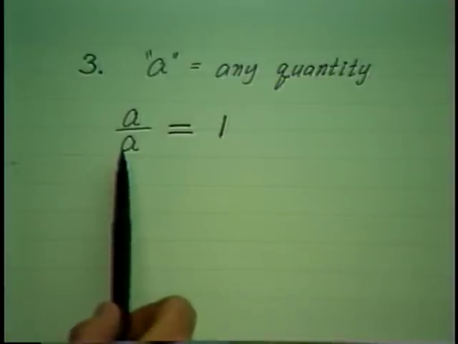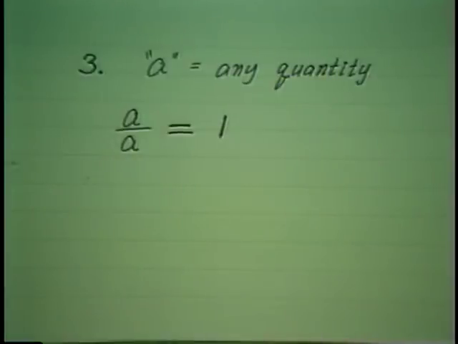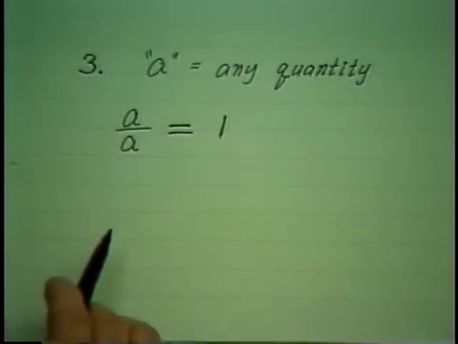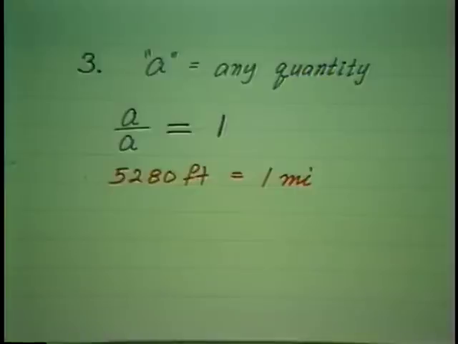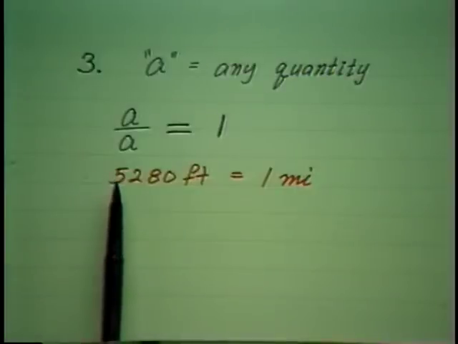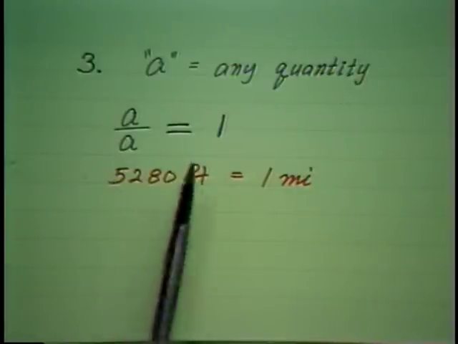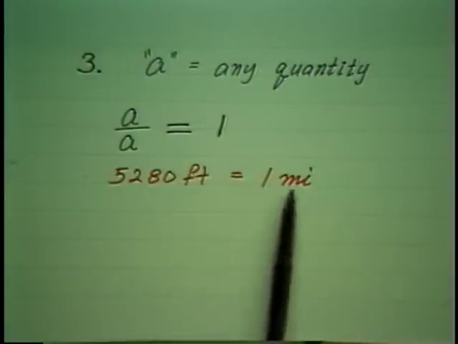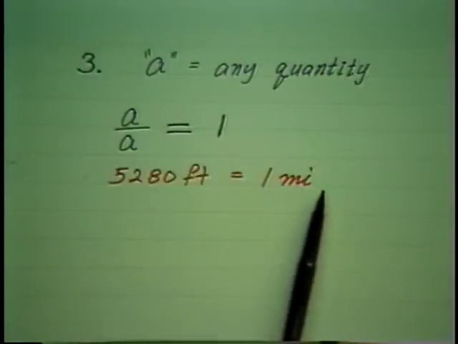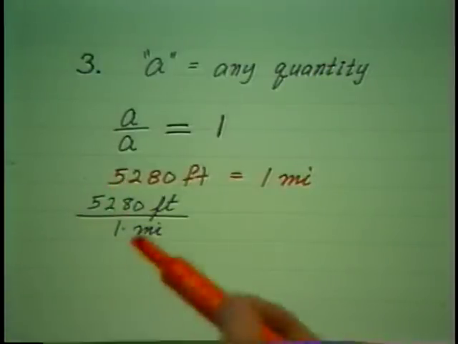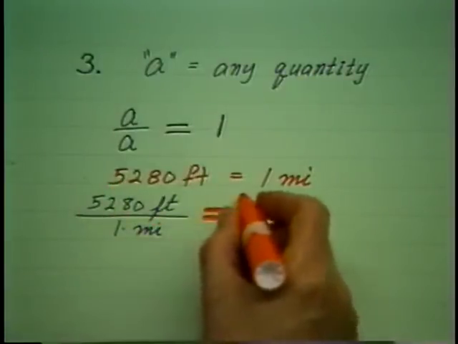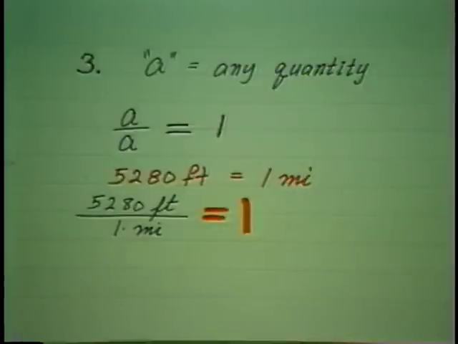An obvious fact, but it's going to be important, and it's going to allow us to say 1 in some rather strange way. For instance, consider this. We know from our tables that 5,280 feet is the same measurement as 1 mile. Now watch this. I'm going to claim that this fraction indeed is equal to the number 1. It certainly doesn't look like it, does it?